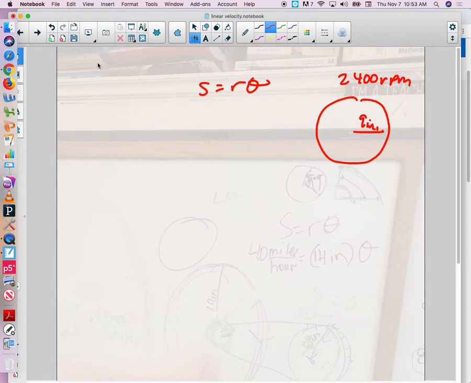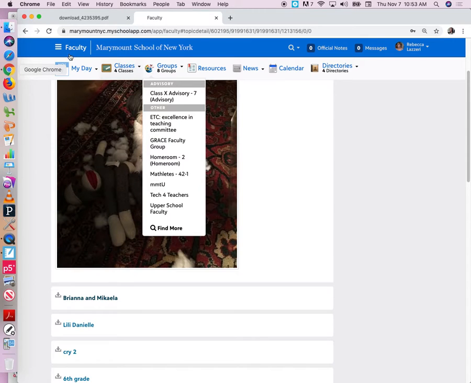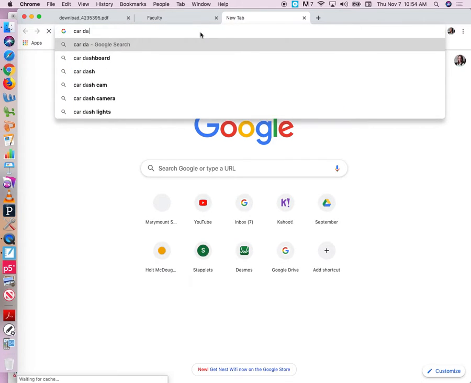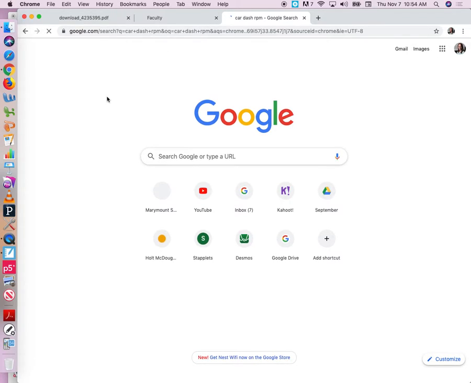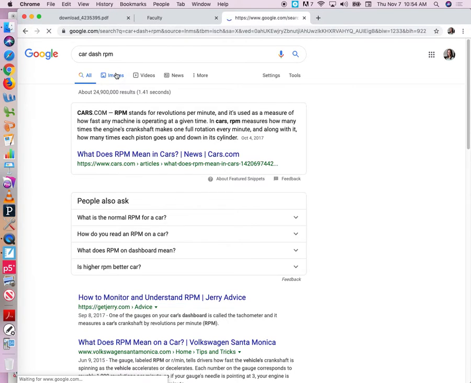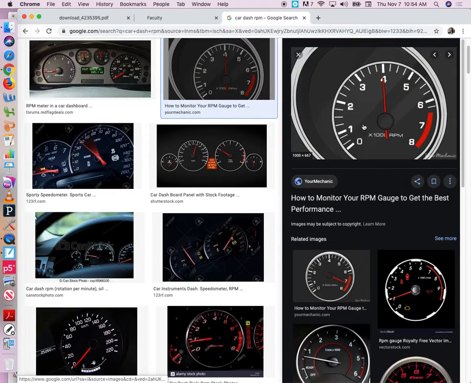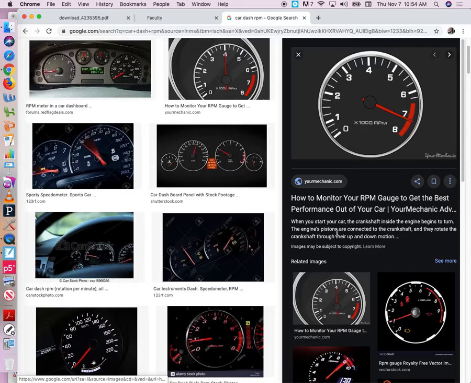Yes. So let's pull one up, because pre-New York days, most people would know what that meant. Do you see us talking about something in your car that's going like 6,000 revolutions per minute?